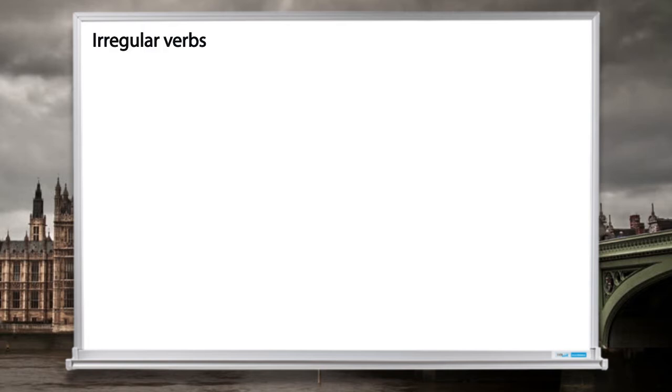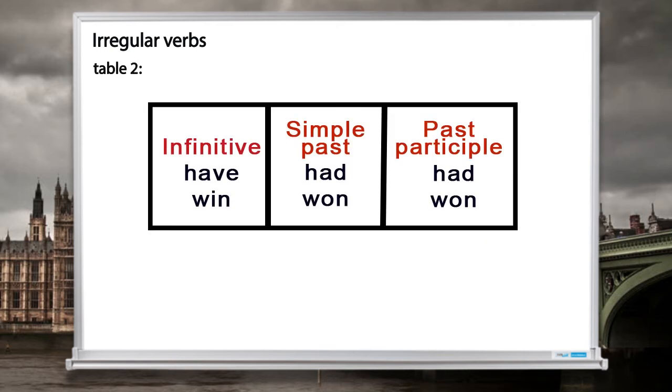This is different with irregular verbs. Some of them use the same verb form for the past simple and past participle, such as the verb have. This verb is the same in both forms, just like the verb win, that becomes won in both cases. You can see this in table 2.